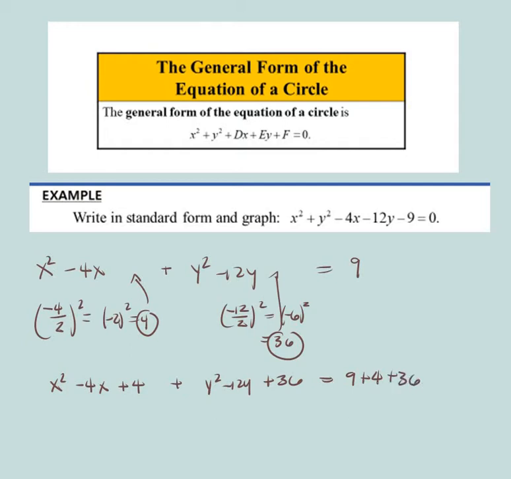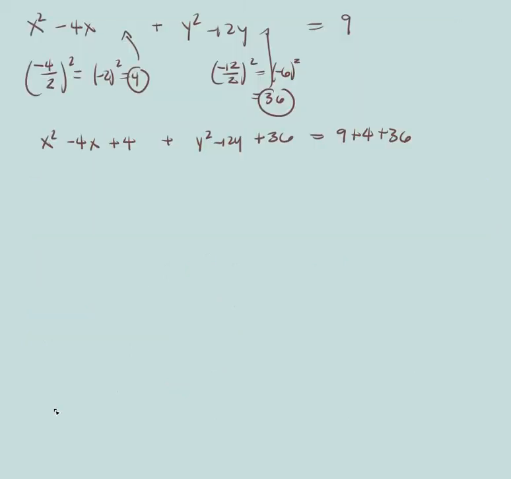The reason why we did this is because we transformed this into a perfect square trinomial, and this one into another perfect square trinomial. This one's factorization is going to be x minus something squared, and this one is going to be y minus something squared. This is equal to 49, because 36 plus 4 is 40, plus 9 is 49.